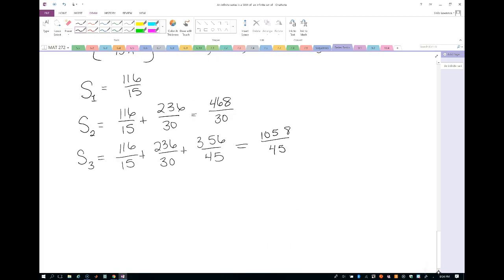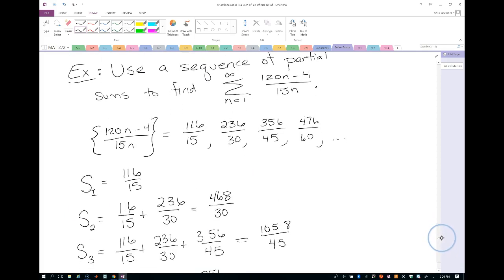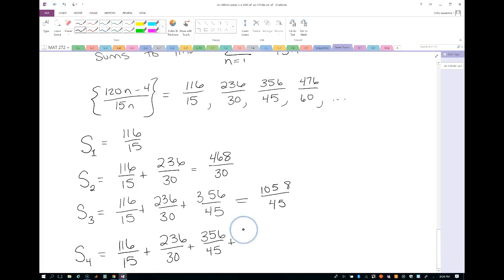I think we'll have a better chance of seeing a pattern here by forcing to keep a pattern in our denominator. So for the fourth term, just continue on the pattern. We already know the first 3 will make 1058 over 45, and now we're interested in seeing what happens if we include the fourth term, since we're doing our fourth partial sum, and our fourth term was 476 over 60.